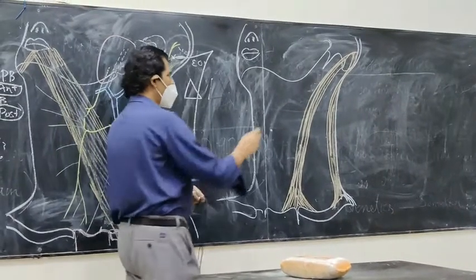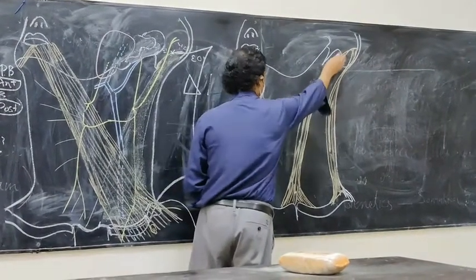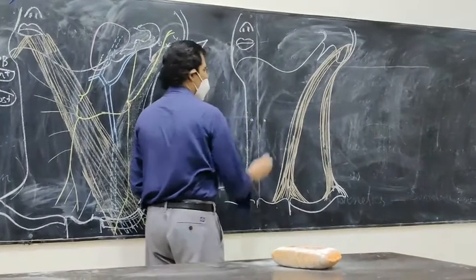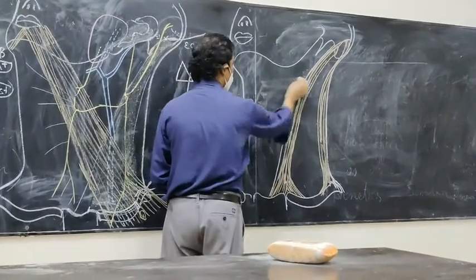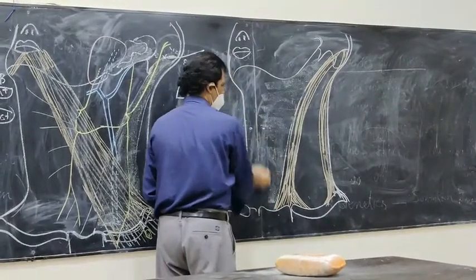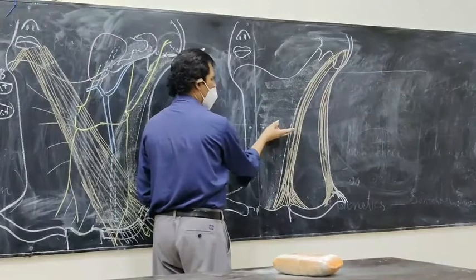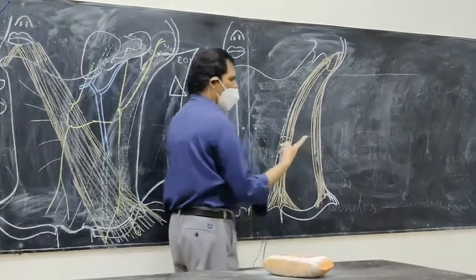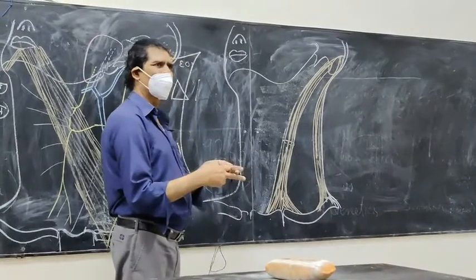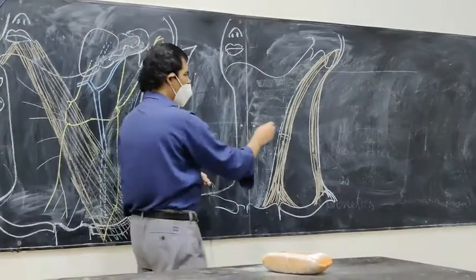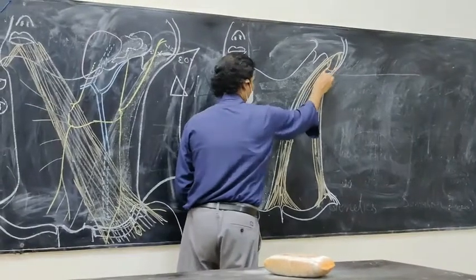The same deep fascia which is covering the anterior triangle comes onto the medial border of the sternocleidomastoid. So this is the deep fascia, the cervical fascia. On the medial border, this deep fascia is split into two laminae, superficial and deep, both covering and investing the muscle, and both layers come to the posterior border.